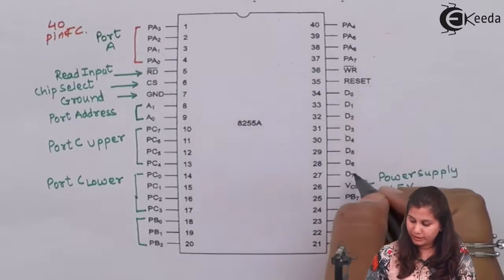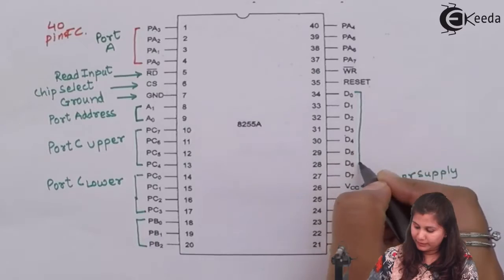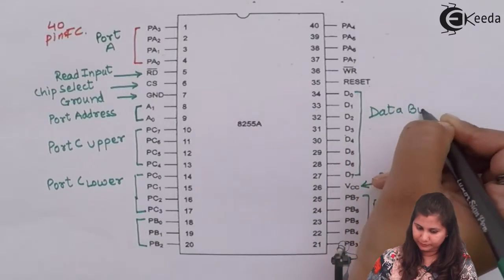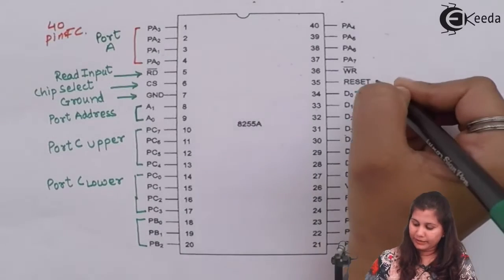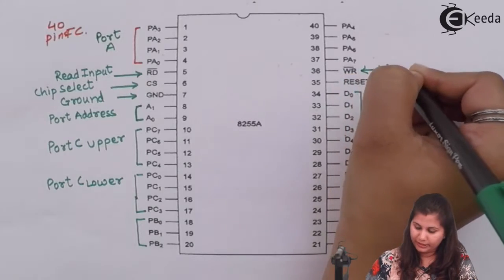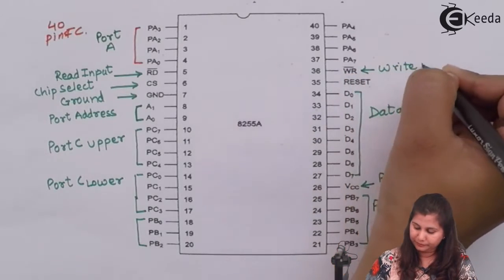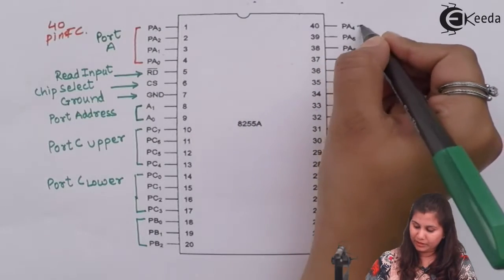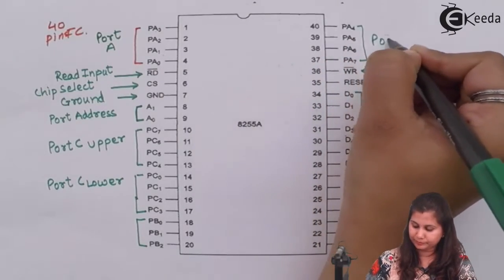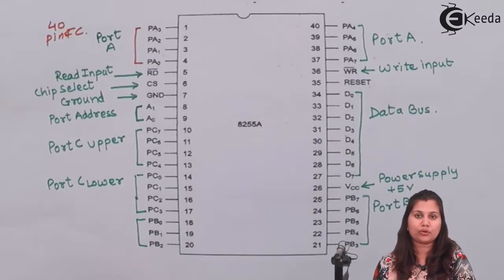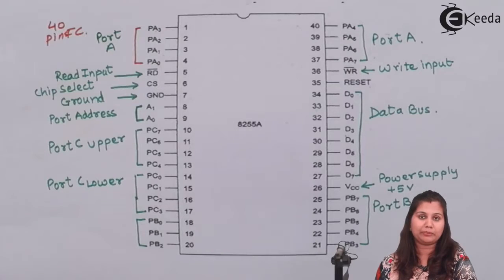Then we have D0 till D7, the data bus. Then reset signal, WR bar, it is the write input. And PA4 to PA7, it is port A. So this is how the 40 pins of the 8255 programmable peripheral interface are described.